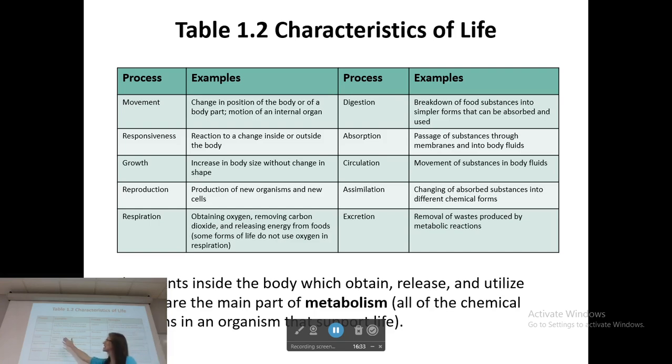All right, the next thing is responsiveness, reaction to a change inside or outside the body. Why is responsiveness an important feature or characteristic? What if you didn't respond to anything? What would happen? You wouldn't survive, right? It's about survival.